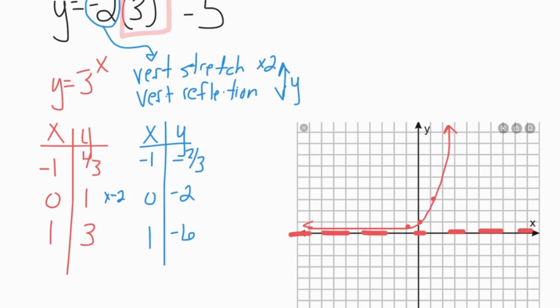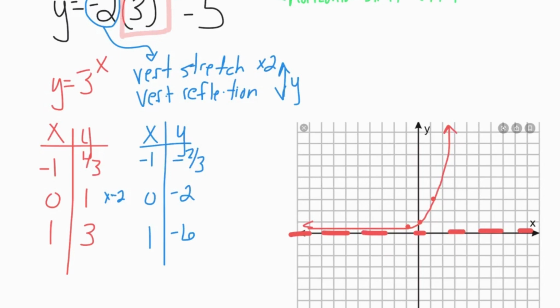And then let's keep picking our way through this. So let's go on to this +1. Now that is a vertical, no, sorry, my bad, horizontal shift that is going to go to the left 1.